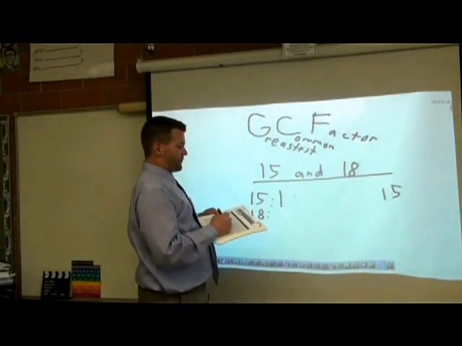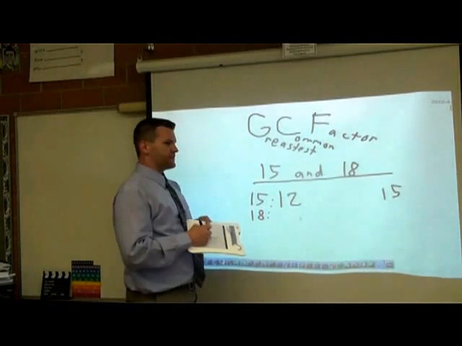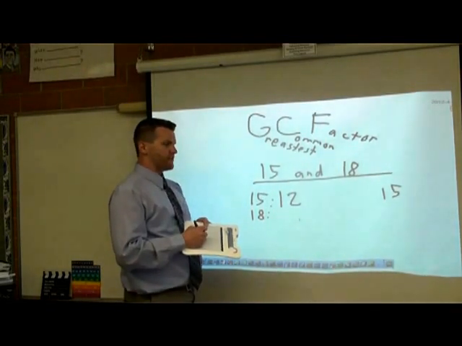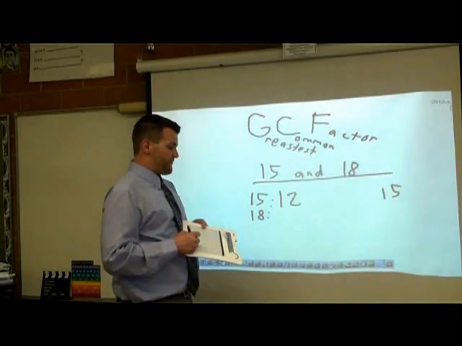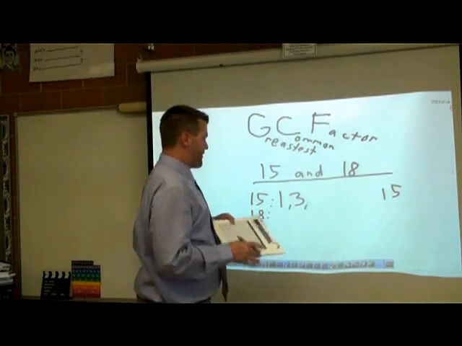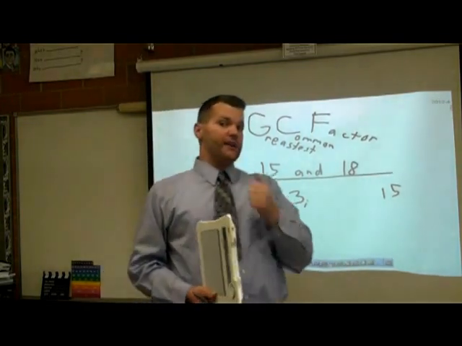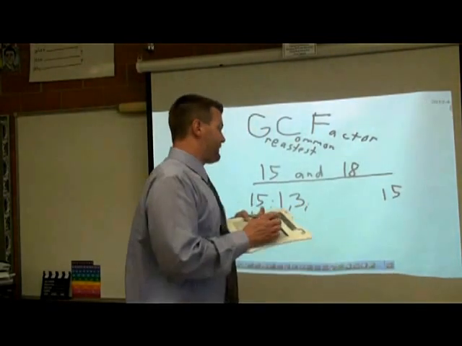Now, does 2 go into 15? 2 times 7 is 14. No, it doesn't. So let's make that number go away. Does 3 go into 15? It does. 3 does go into 15 5 times.